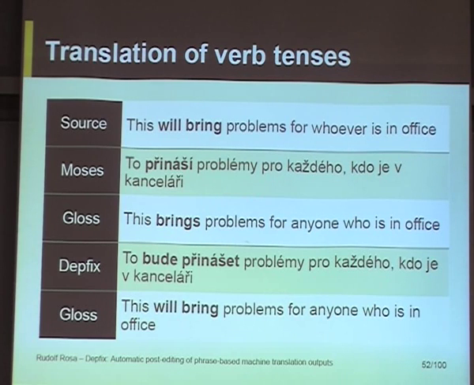Here we see, okay, this is future, so probably the best idea is to use future tense. And again, based on what our tools give us, sometimes we are able to generate it. Here it would be "přinese problémy", but usually we are not able to generate that, so we just use the compound form.